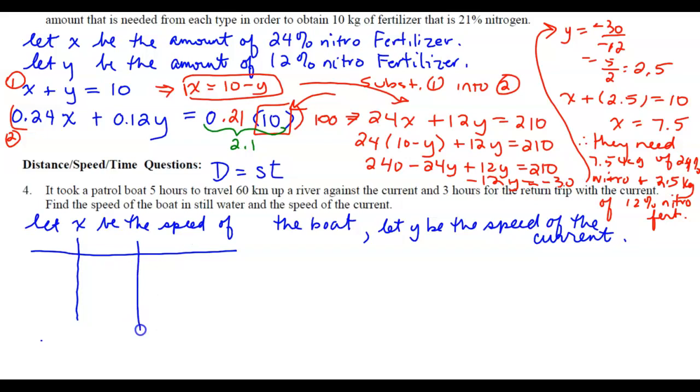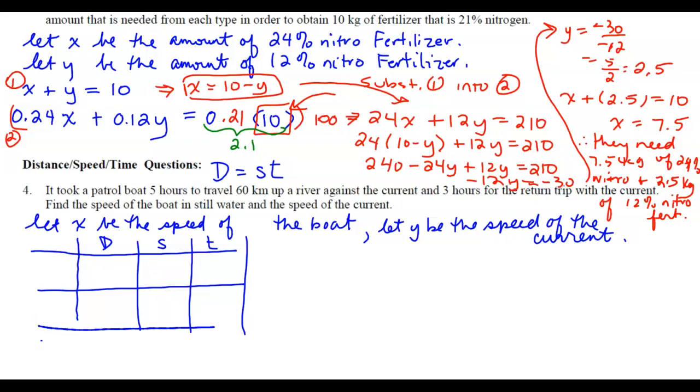So let's wait here. Okay, so distance, speed, and time. So we're going up a river and down a river. So those will be the 2 rows.